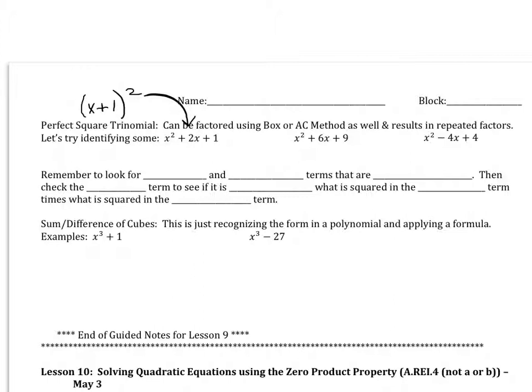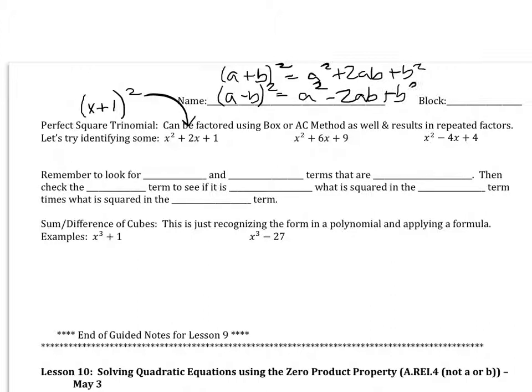So what this looks like with our formula is something like a plus b squared is going to equal a squared plus 2ab plus b squared. It also could be a minus b squared, which is going to equal a squared minus 2ab plus b squared.